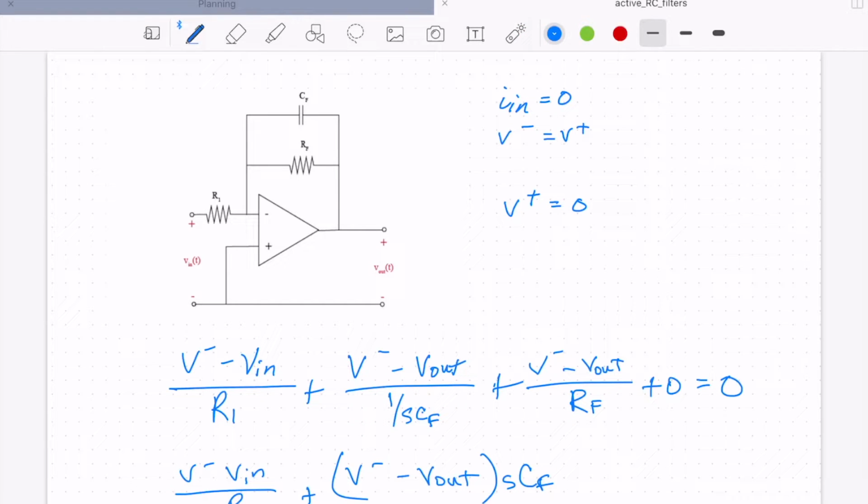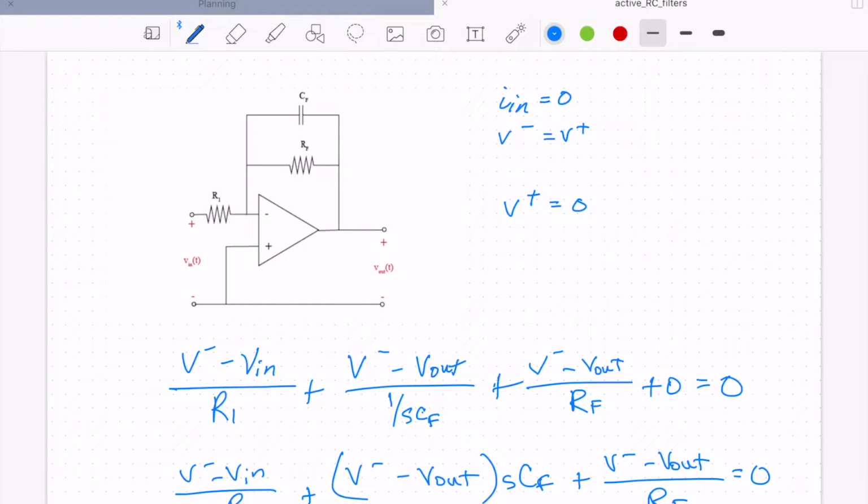And then I have plus V minus minus V out over RF equals 0. We also know that V minus is equal to V plus, which is equal to 0, so I can write that through.